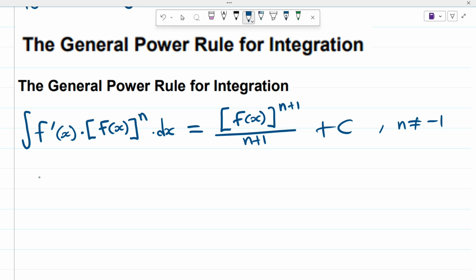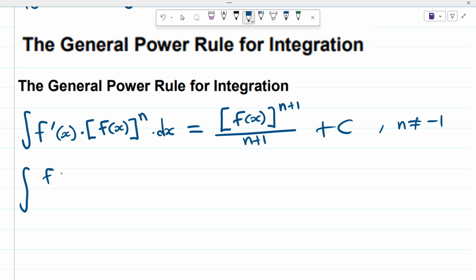Otherwise, if your n is equivalent to -1, then we have another rule for that, which is going to be just your ln.